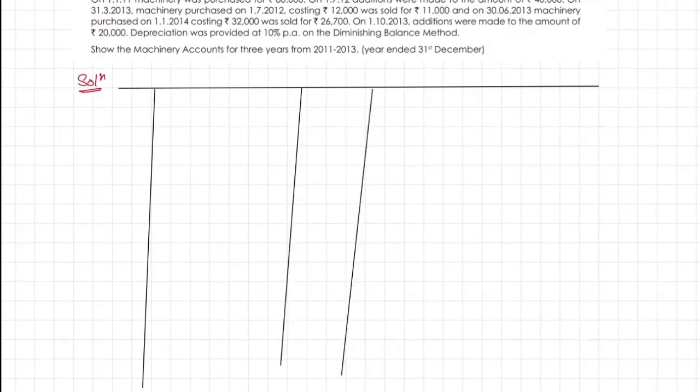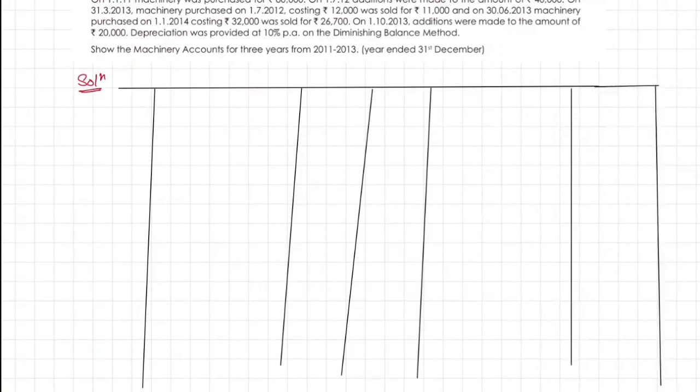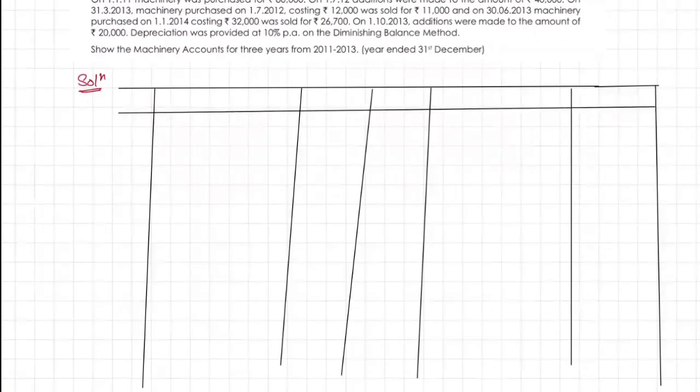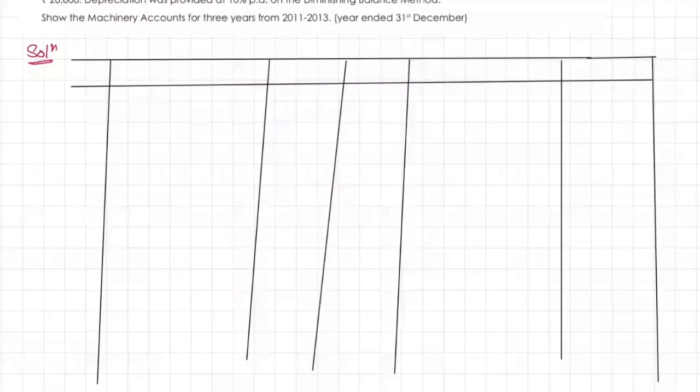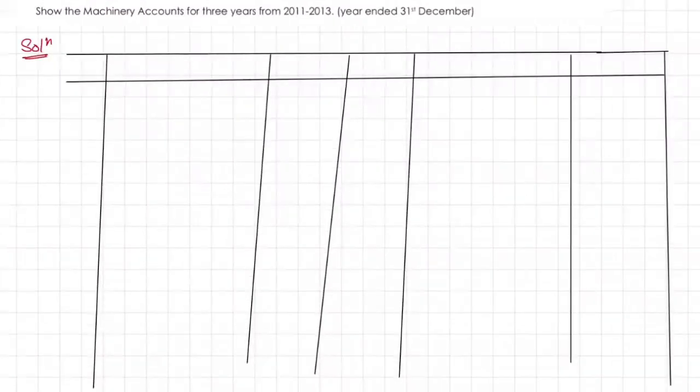Then again date, particulars, and amount. I've just drawn it in a rough way. Whenever we need, we'll increase it. So we are preparing machinery account.